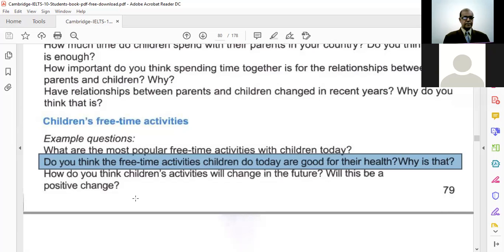And second, they are wasting their time, and because of this they don't get productive knowledge. They don't know about our history, their religion, the current affairs, or the technology.